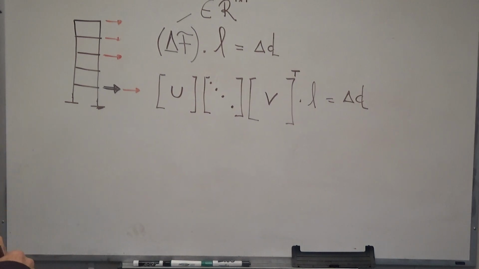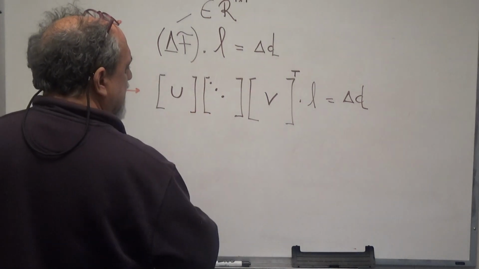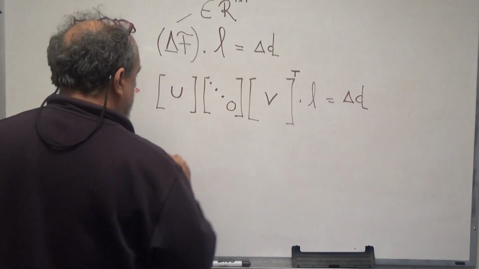But the point is that delta F will have a rank in most applications of interest that will not be full, and I will clarify further in this case and so on. Therefore, let's say that in this case the rank of delta F was 3. So if the rank of delta F is 3, that means that this singular value is 0.